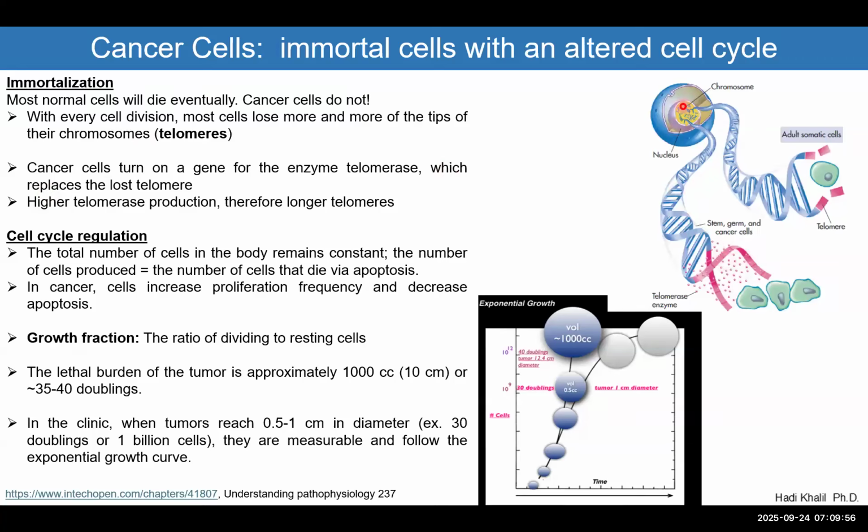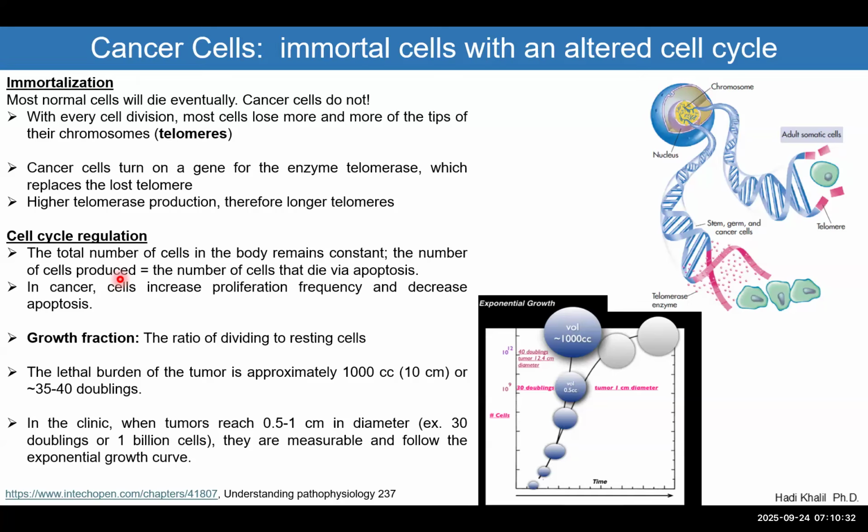And therefore, the extremities of these chromosomes, the loss of which causes the cell at a certain point to die in normal conditions, are now protected against that, and then they will survive more in conditions of cancer. So there's a higher chance, wherever there is a higher telomerase production, for longer telomeres, and therefore an immortalization of the cancerous cells.